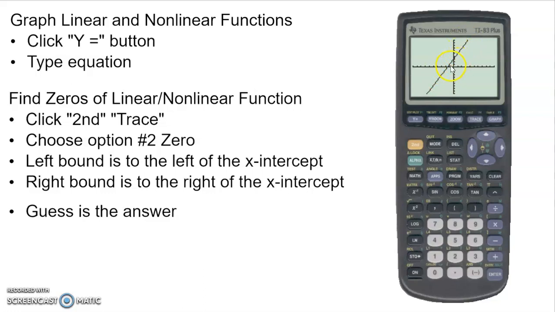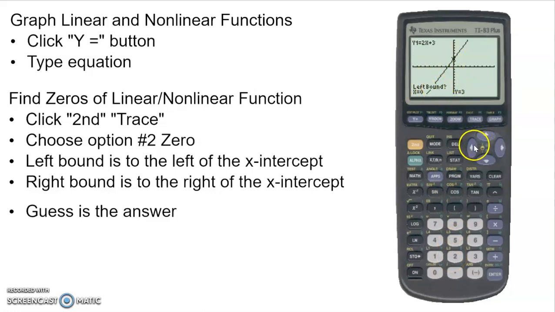And I just want to find the zeros here. The zero, remember, means the x-intercept. I can see that it crosses about right here. But if I want to find exactly where it crosses, all I have to do is hit the second button, trace, and then you see my options here. I want to choose option 2, find the zeros, and you'll notice that it says left bound.